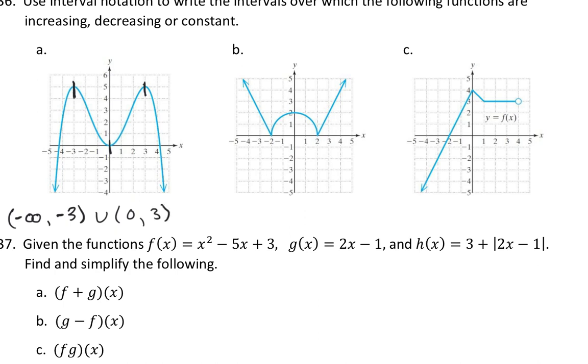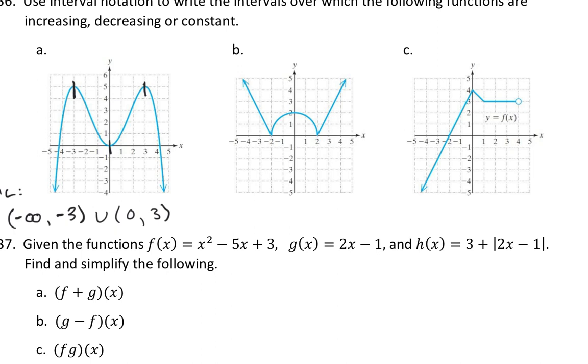So these are the intervals on which the graph is increasing. And I use parentheses for both sides because neither of the intervals actually contain the values. They share it with something else, or it's infinity. And also I have to remember the union.